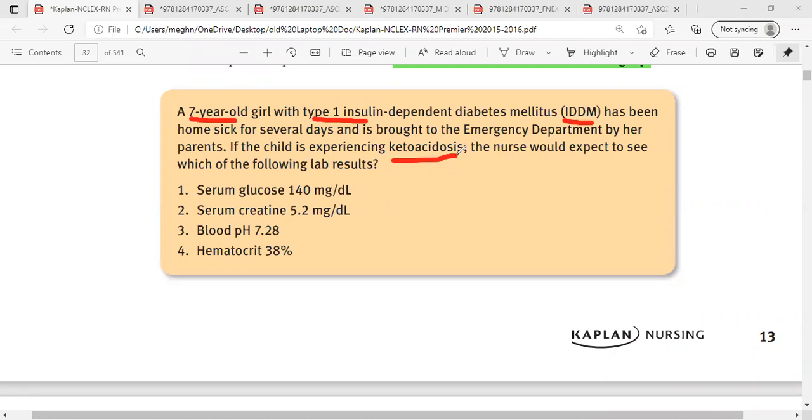But type 1 is DKA, right? So if the patient has DKA, it means my patient's blood sugar level will be very high. So the nurse should expect to see which of the following lab results.